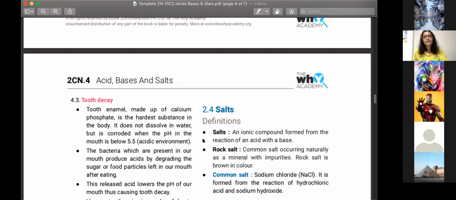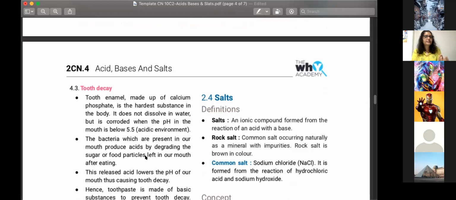Calcium compounds, like calcium salts and phosphates, are basic in nature. They're sensitive to acids, which is why when the bacteria release acid after acting on sugars or the food particles, they start decaying your teeth.